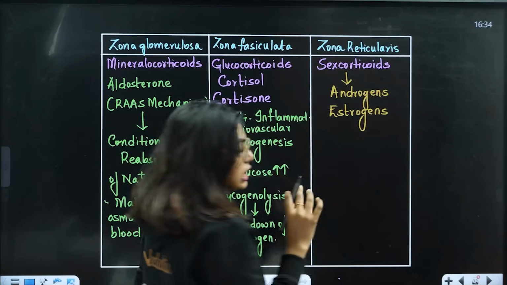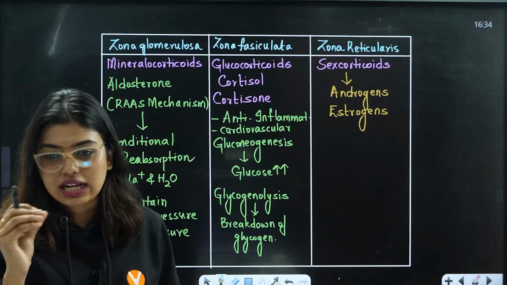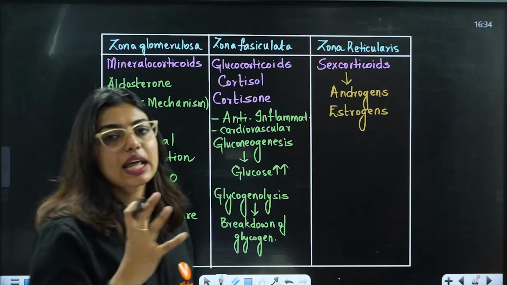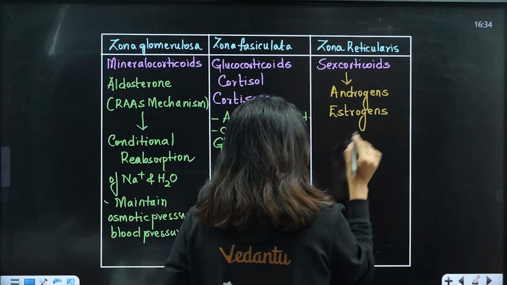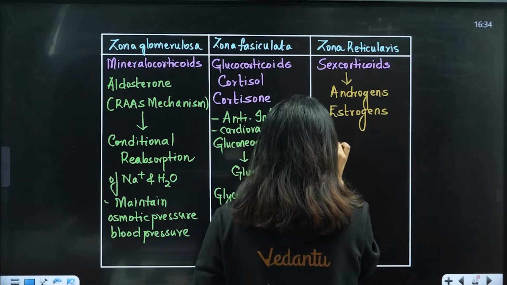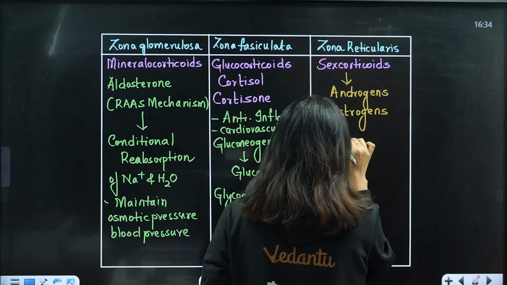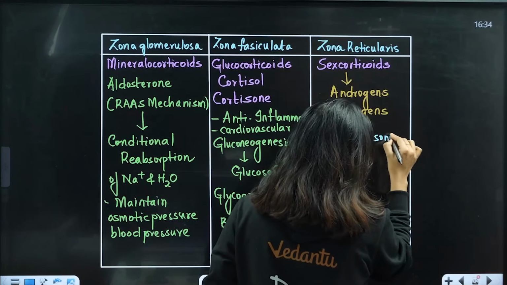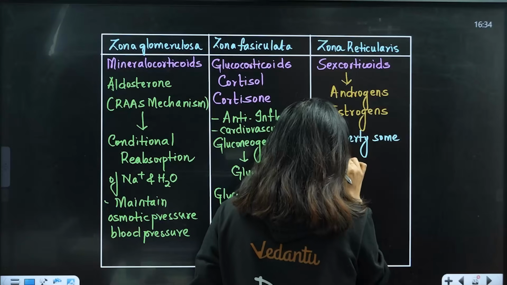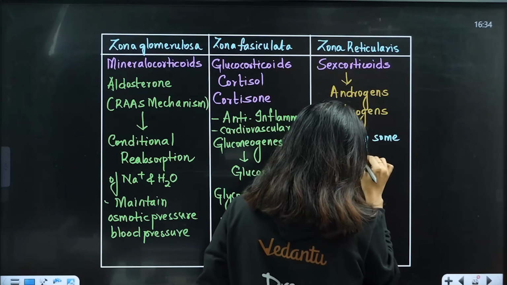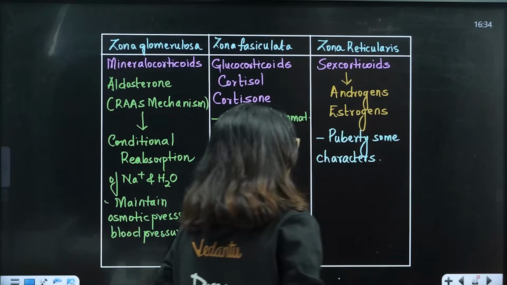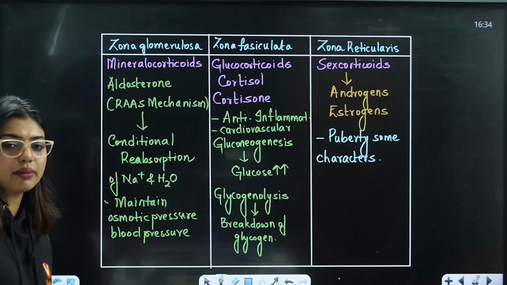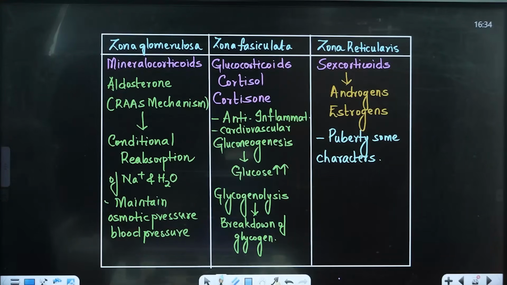Now remember that these hormones have slight functions, some sexual characteristics during puberty, as mentioned below. Whichever characters have been mentioned, you have to remember those also. Clear?